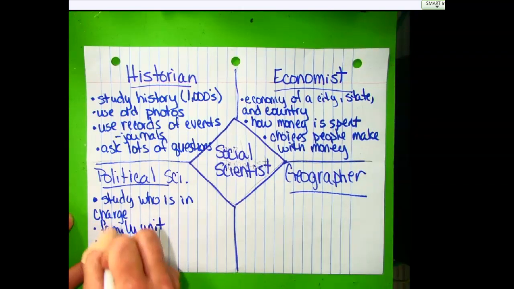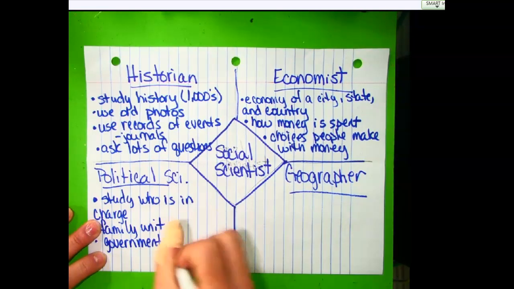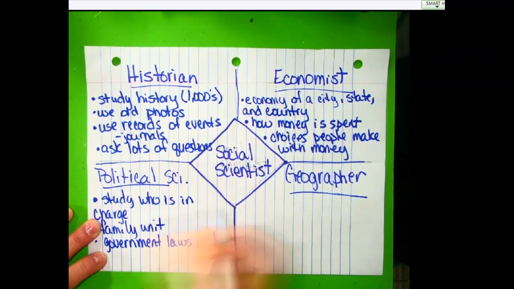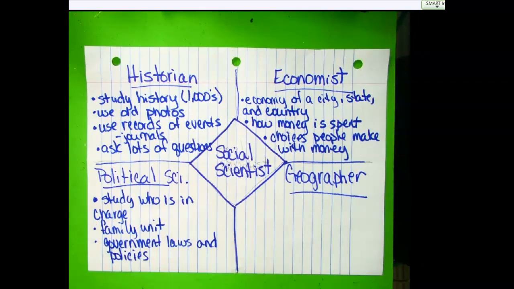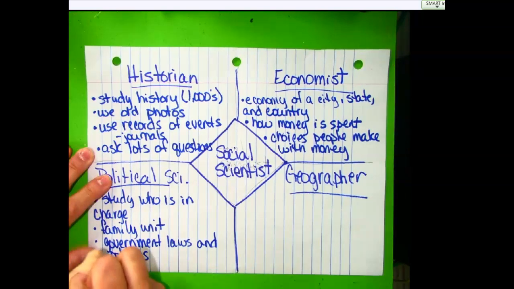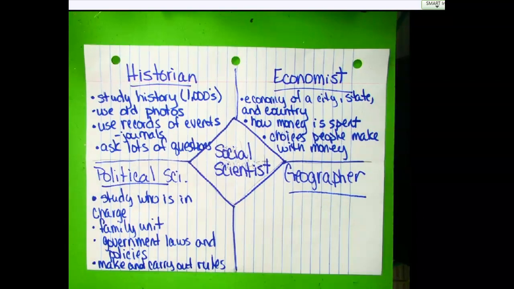They look at government policies, government laws and policies. And their main job is to make and carry out rules. So a political scientist likes to study who is in charge. They'll even study a family unit. They look at government laws and policies, and they make and carry out rules.